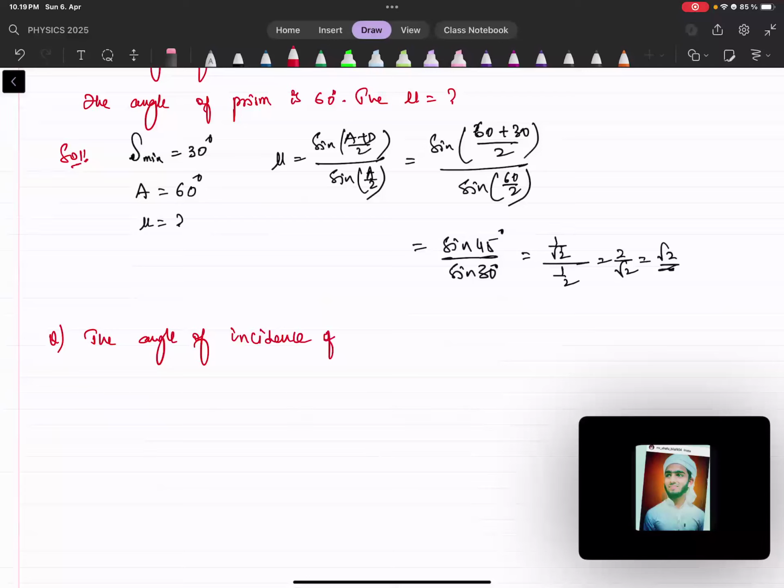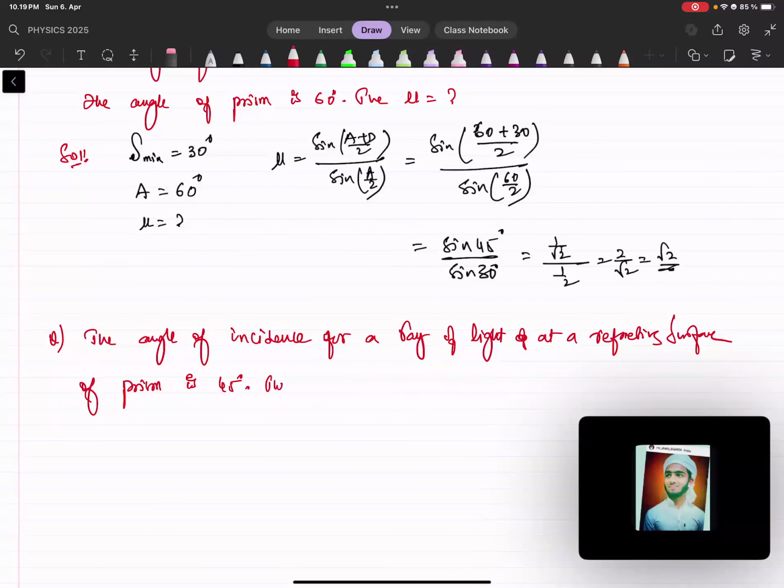The angle of incidence for a ray of light at a refracting surface of your prism is 45 degrees. The angle of the prism is 60 degrees.